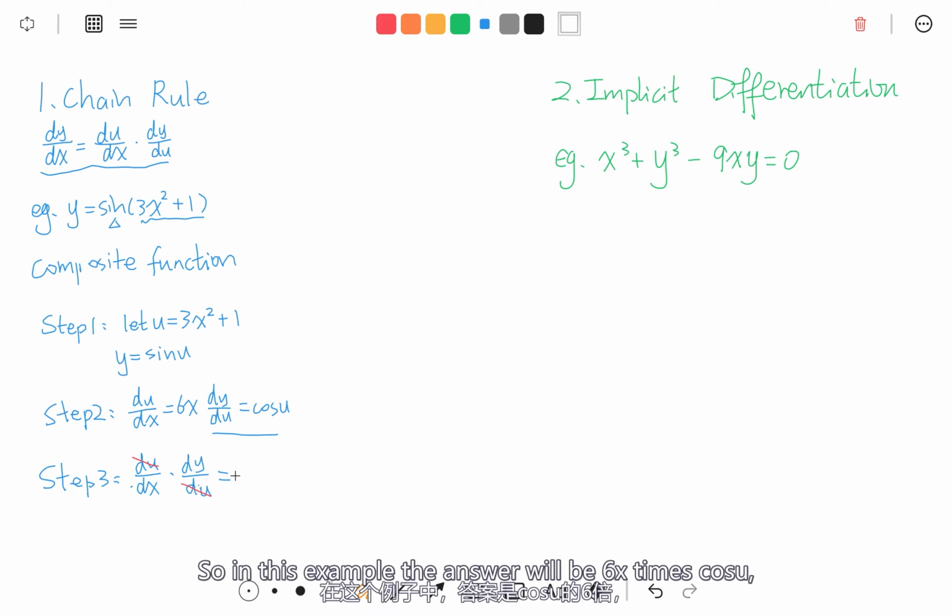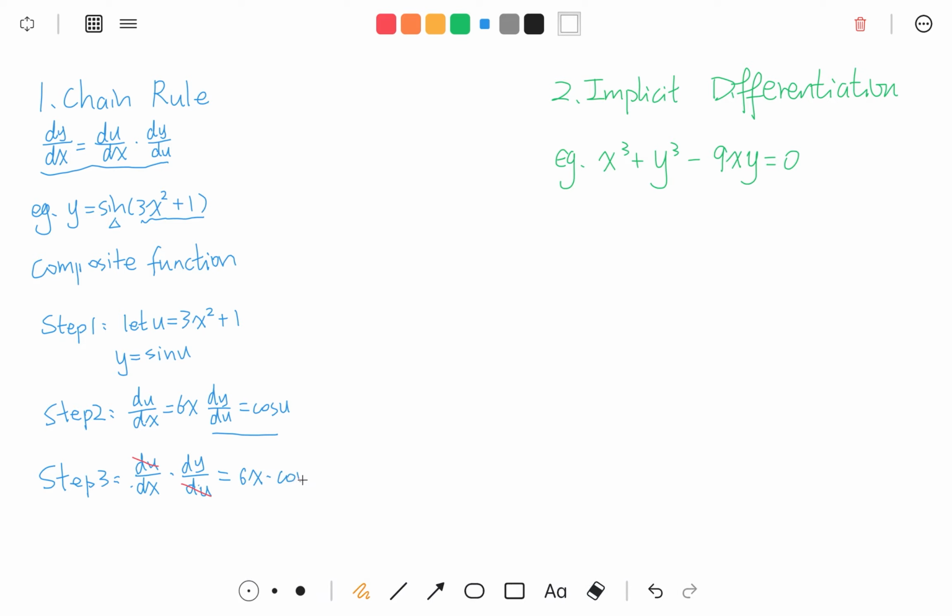So in this example, the answer will be 6x times cosine u. And in the beginning, we let u equal 3x squared plus 1, so we now put it back.